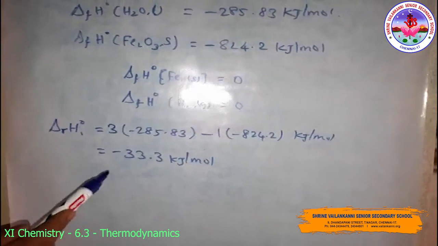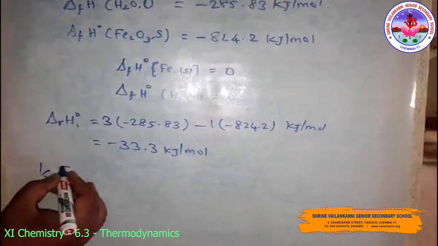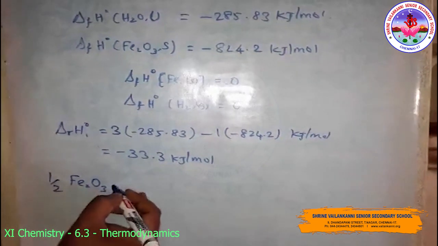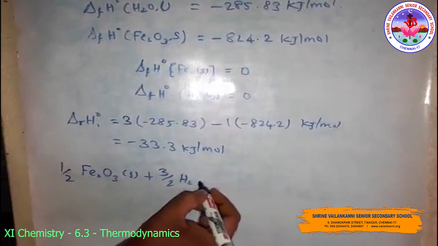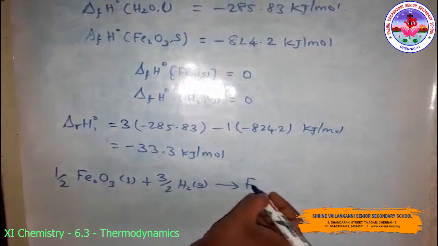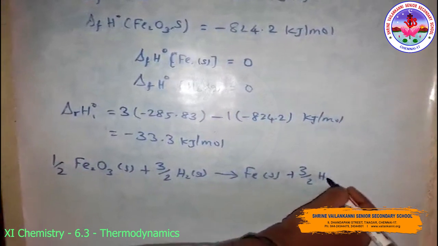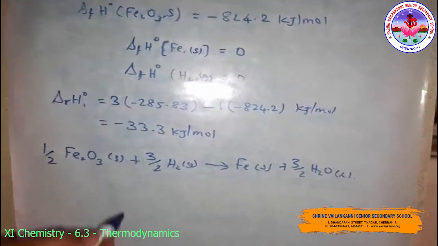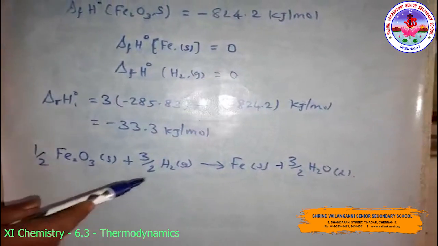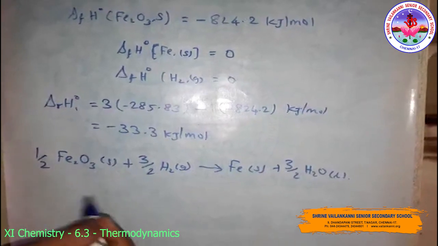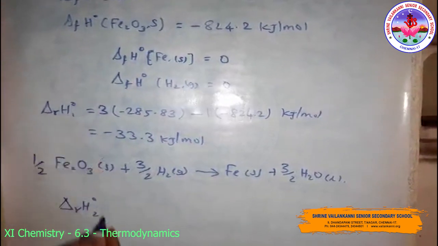Suppose the equation is balanced differently. For example, half mole of Fe2O3 solid reacts with 3/2 moles of H2 gas to form 1 mole of iron solid and 3/2 moles of liquid water. The amount of reaction would be 1 mole of reaction, with standard reaction enthalpy delta rH2; this is H1, this is another way.